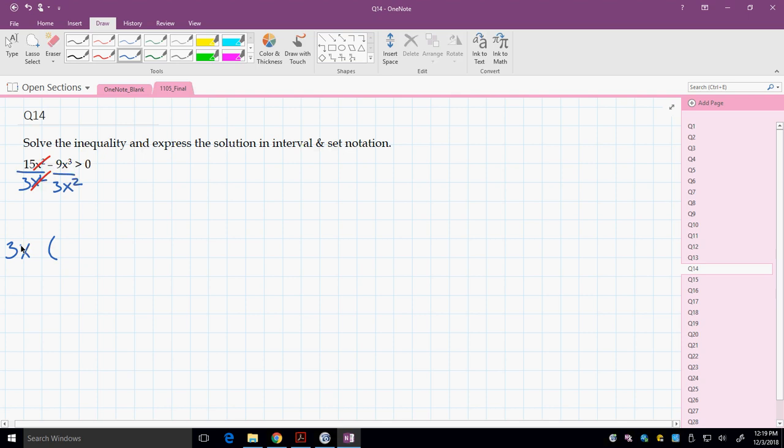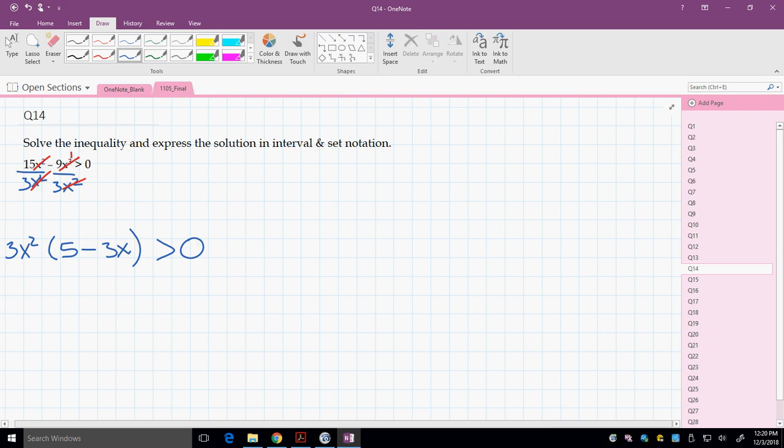The greatest common factor goes here, and then I'm going to have 5. Negative 9 divided by 3 is going to be 3. 2 x's cancel with 2, and I still have 1 here. So I have x. All this greater than 0.